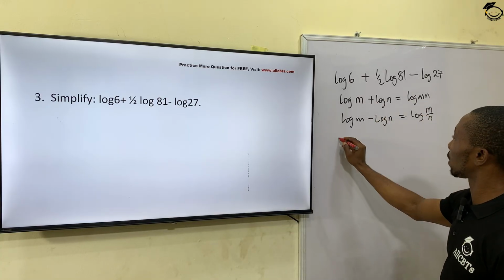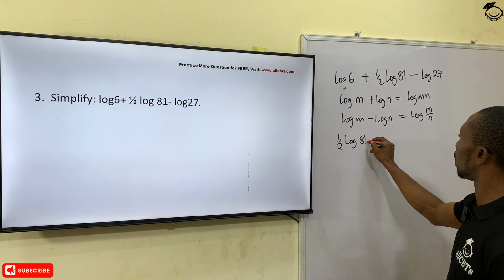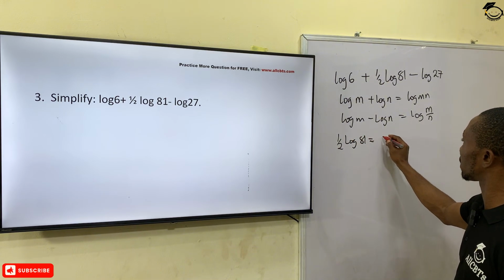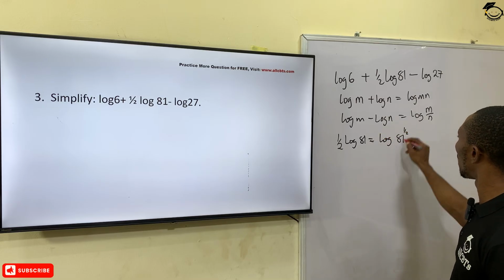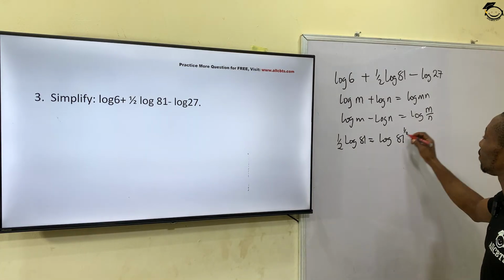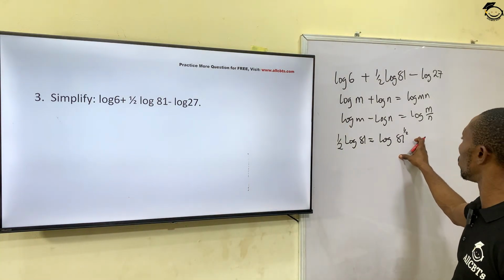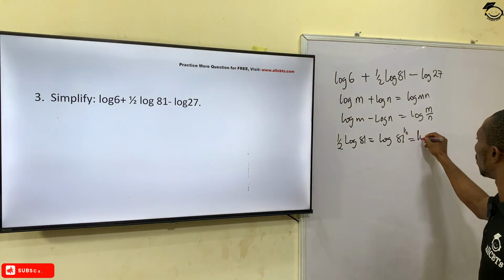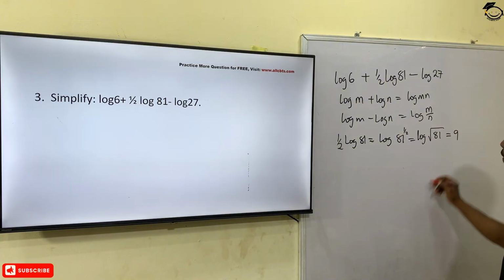Now, first off, let's look at converting half log 81. Now, this is same thing as rewriting it as log 81 raised to the power half. And we know that in mathematics, when we have raised to the power of half, it's same thing as square root. So we can write this to be log square root of 81, which gives us 9.